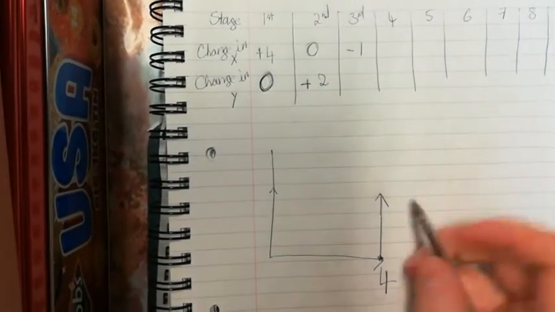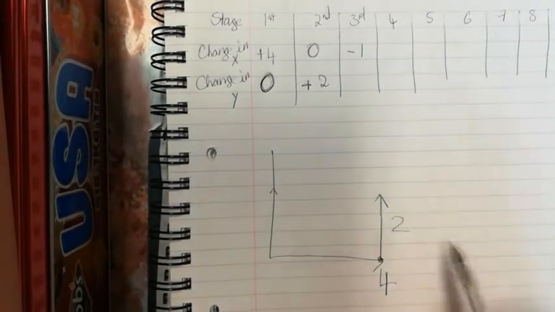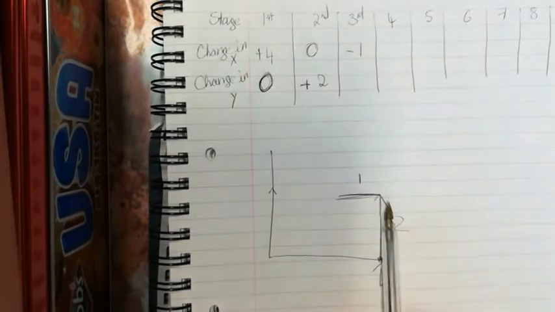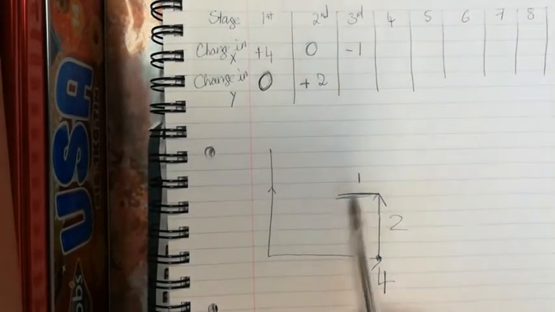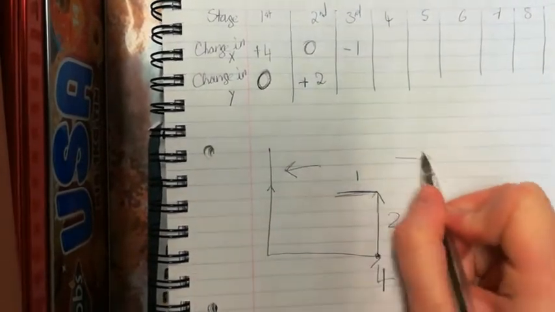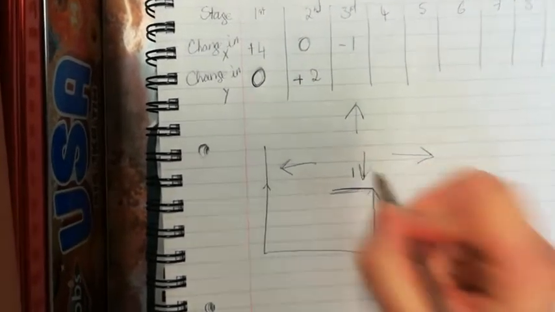And then it goes 4, and then 2, and then just 1. But here we see that it's going in the negative direction. So this direction would be negative for x, and this direction would be positive for x. This is positive for y, and this is negative for y.